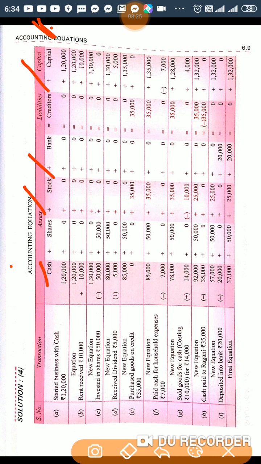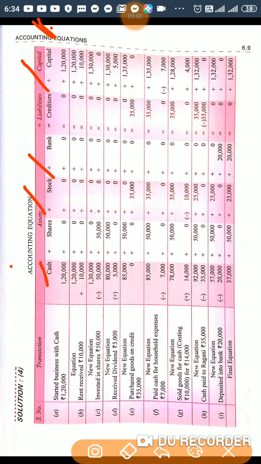So we move to the next, cash paid to Ragini. Cash paid to Ragini definitely is a creditor because we would have purchased goods on credit.